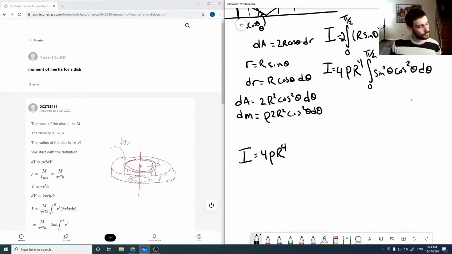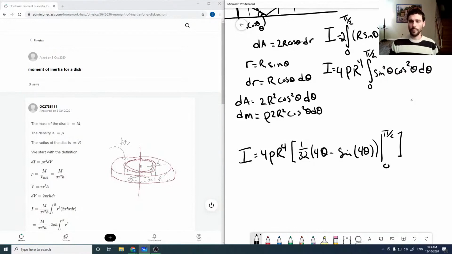And so the indefinite integral is 1 over 32 times 4 theta minus sine of 4 theta from 0 to pi over 2.